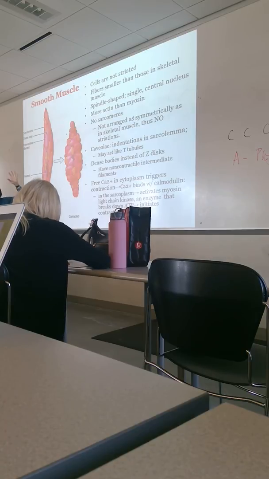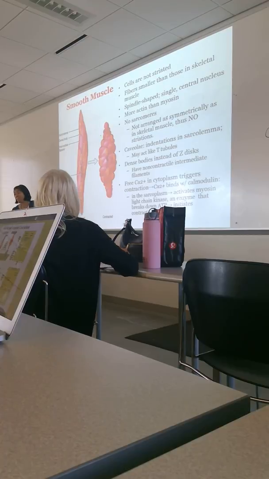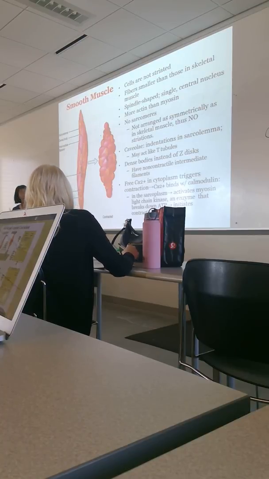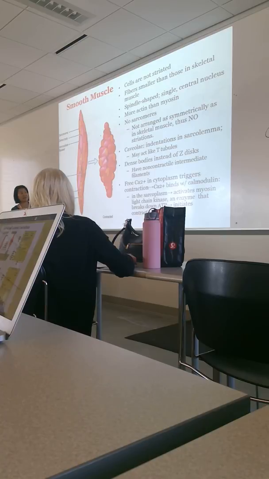They're just randomly spread. And you notice that the actin binds to the cell membrane of smooth muscle, to proteins called dense bodies right there. These red globules are dense bodies.